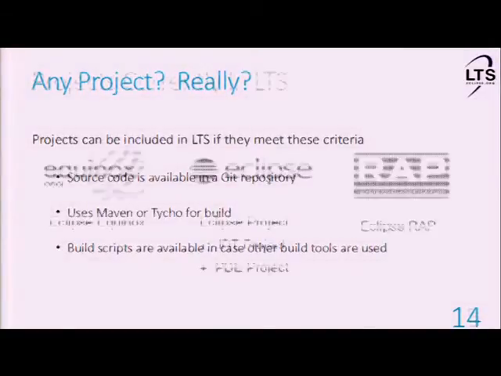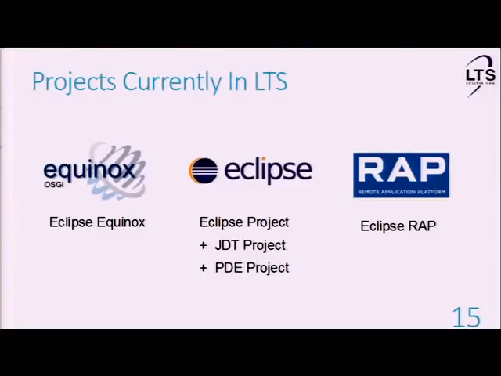Next slide, please. Right now there are a couple of important projects in LTS available. It's Equinox, everything around the Eclipse platform, the Eclipse project itself, the JDT and the PDE project. And that's what my company is doing.